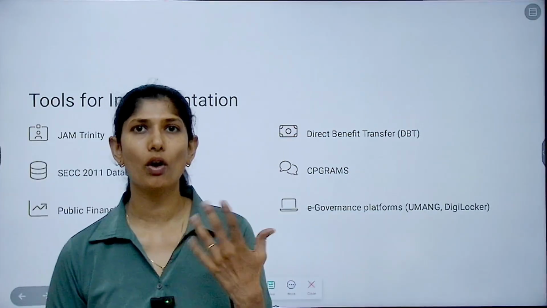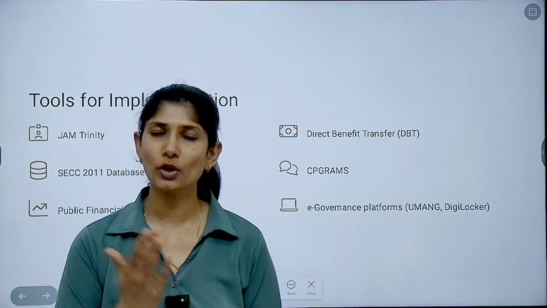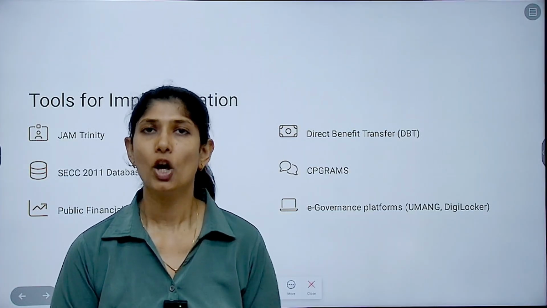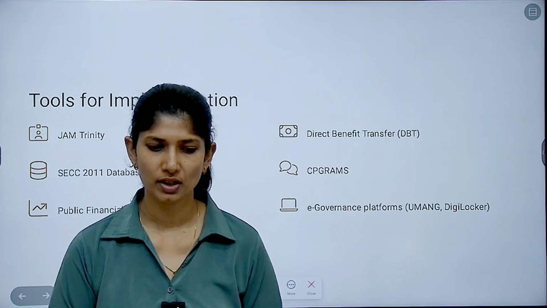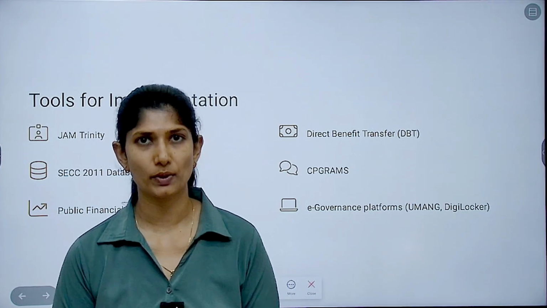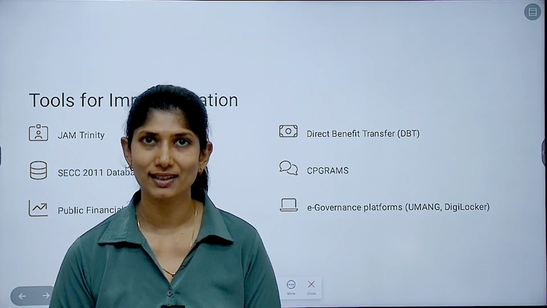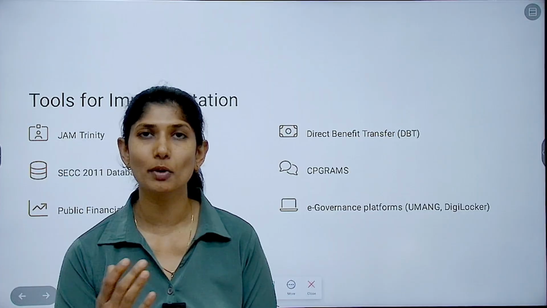And all of this was created based on your Socio-Economic Caste Census of 2011. And above all this, first of all, if you have to identify there are issues like this, you have to have a grievance redressal mechanism. So you will bring in your CPGRAMS, and also one of the largest ways that India is moving towards the 21st century is through your governance based on good governance, that is maximum governance, minimum government.